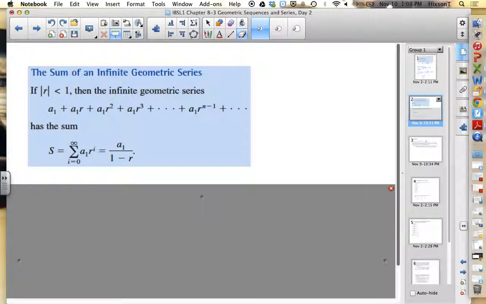So here we have an infinite series. Like I said, usually when we have a series, if it goes infinitely, then it's either going to go to positive infinity or negative infinity. But as we saw with the 1/3, remember we had the sequence 3 over 10 to the n power.